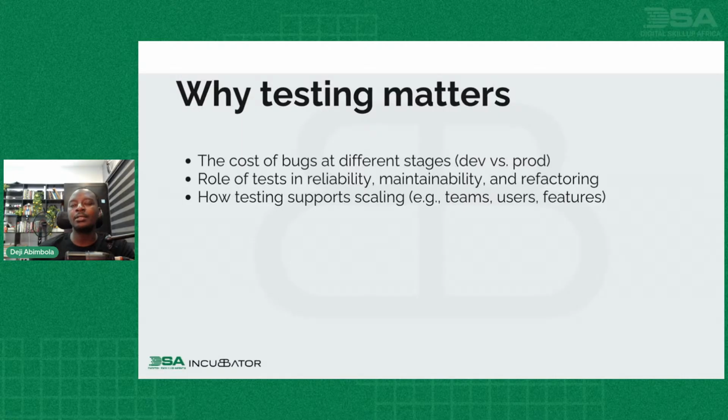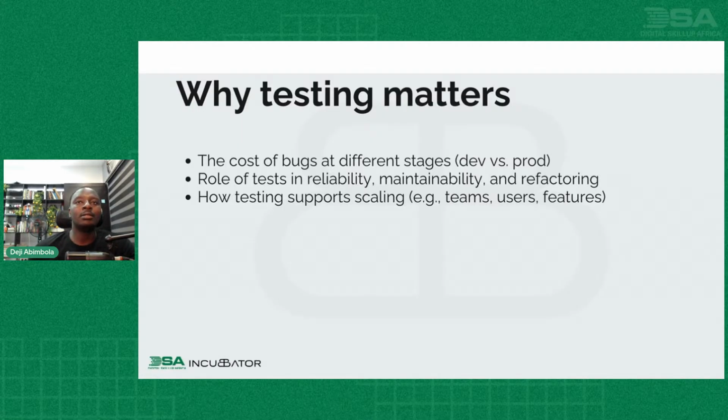Where you are asking your user to do something, but your system is expecting something else. But if you have a test in place that is actually testing what you are asking for and what the system is expecting, you will see that even before you do a deployment, you will have caught that behavior. But without a test in place, a user will have encountered it, probably thousands of users, depending on how big your system is, right?